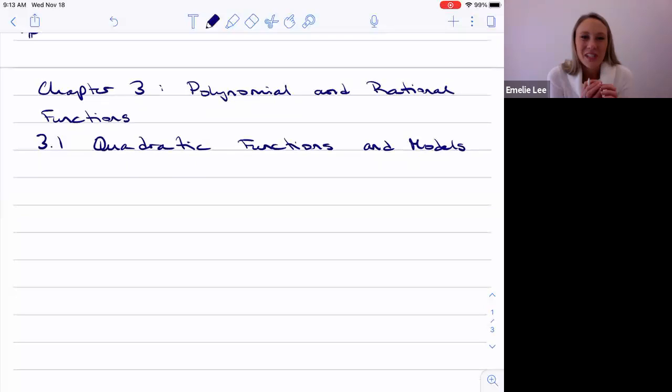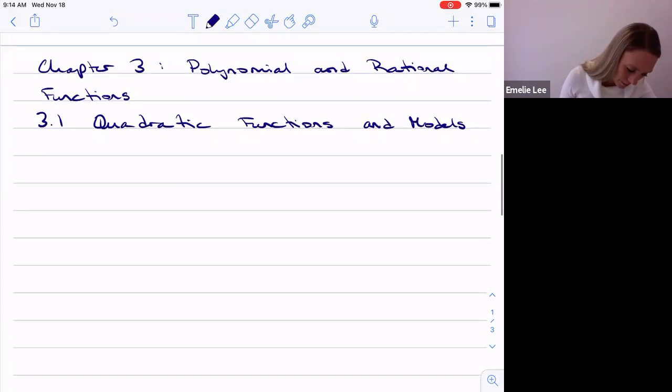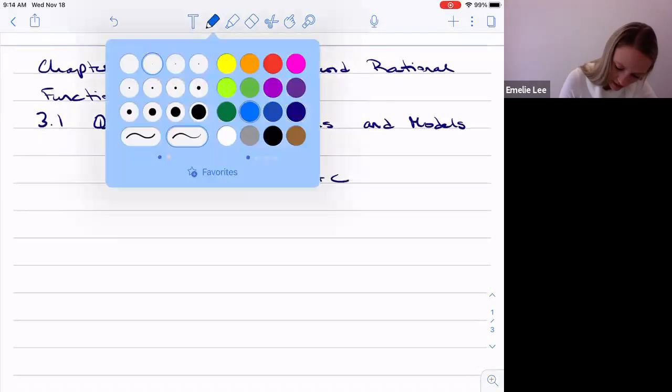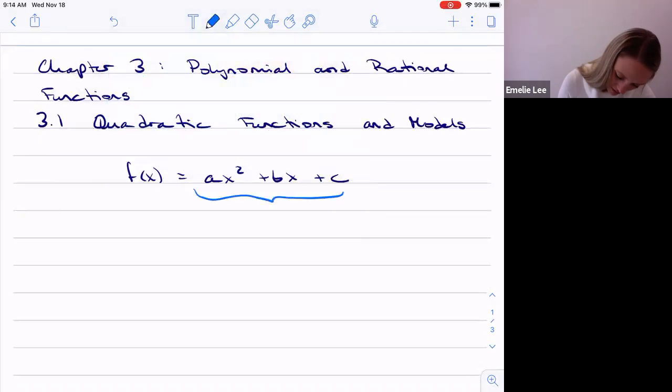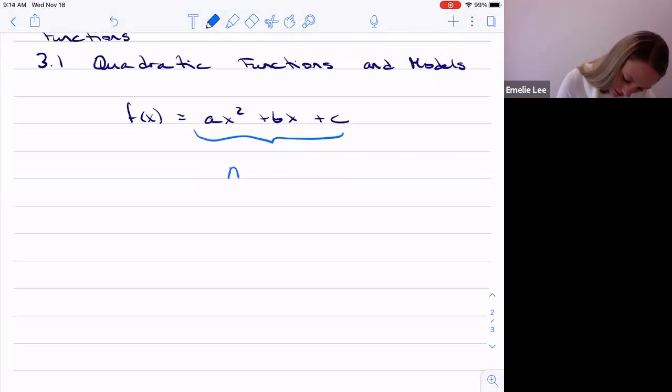So, just as a little refresher, right? A quadratic is anything of the form that looks like this. f of x is ax squared plus bx plus c. This here is a quadratic.